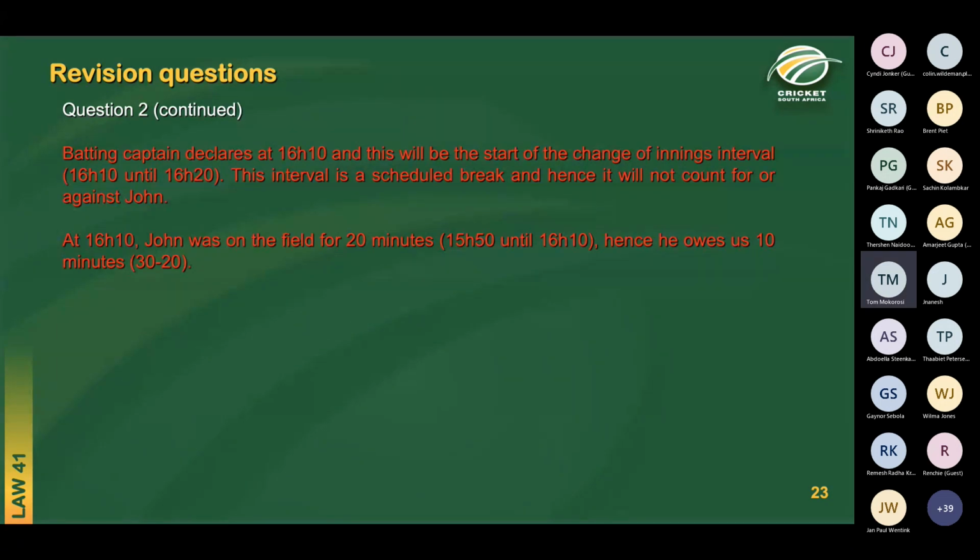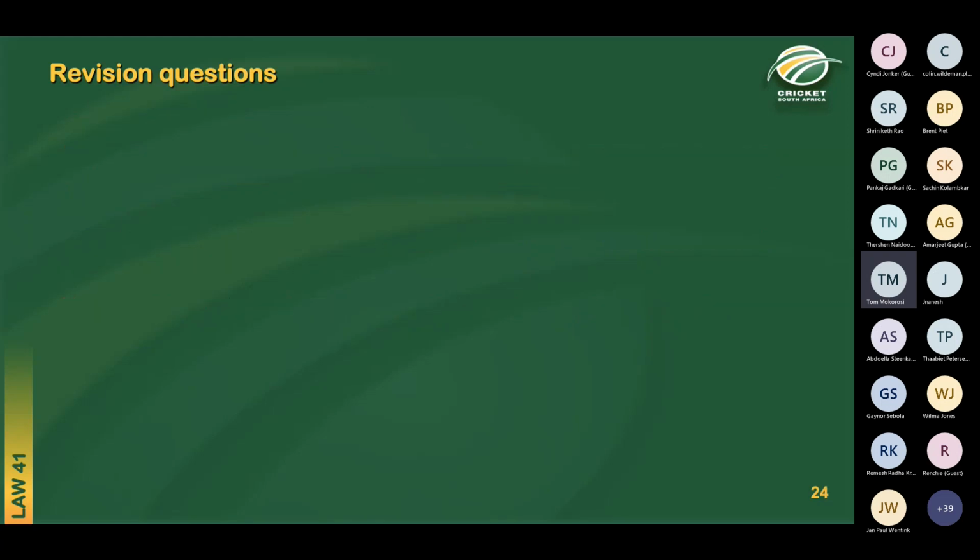Then we have a change of innings from 1610 until 1620. This interval is a scheduled break and will not count for or against John. So John can bat at 1630 or when 5 wickets are down, whichever comes first. How do we get to 1630? We said 1620 plus the 10 minutes he still owed us.